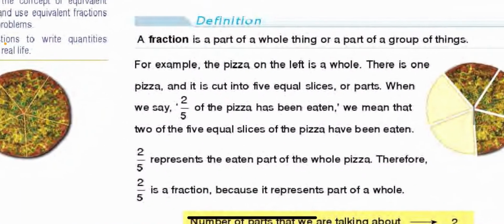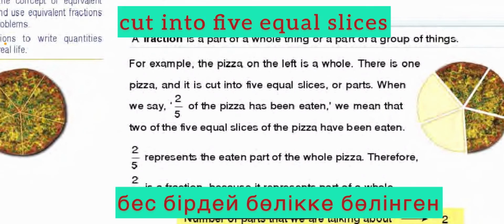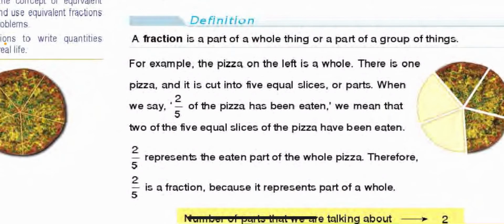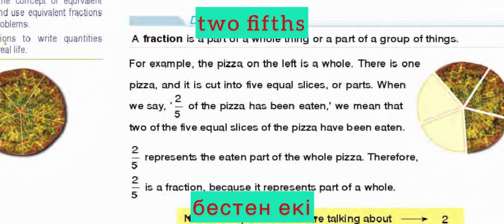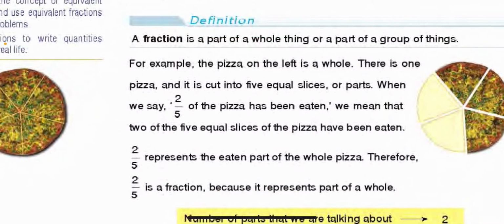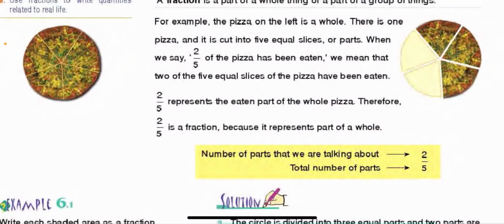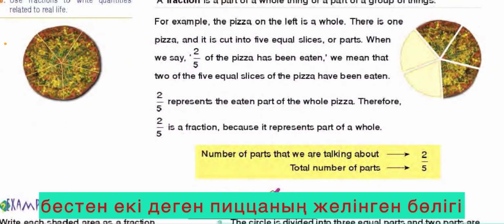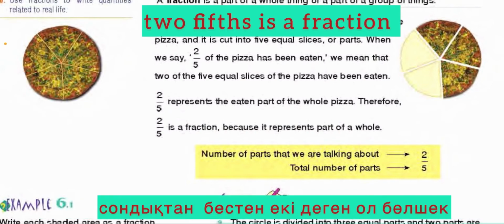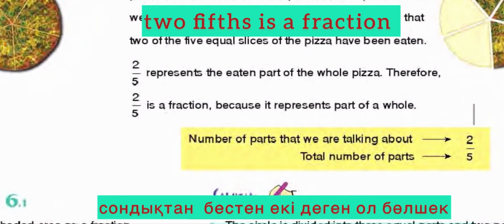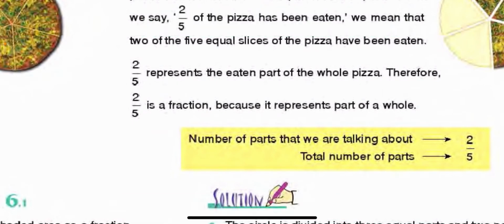Now, there is one pizza and it's cut into 5 equal slices, or parts, or pieces. When we say 2/5 of the pizza has been eaten, we mean that 2 of the 5 equal slices of the pizza have been eaten. You see? 2/5 represents the eaten part of the whole pizza. Therefore, 2/5 is a fraction because it represents part of a whole.